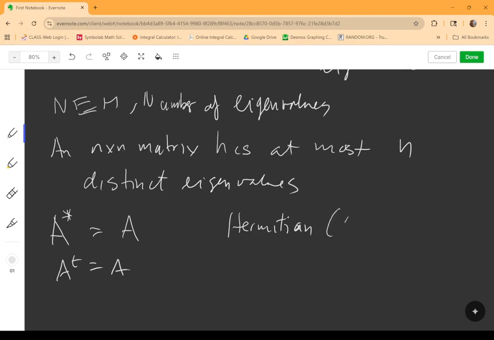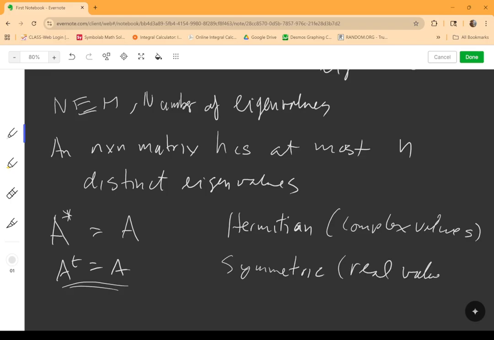For complex values, we take something called the adjoint of a matrix, but these theorems still apply for real matrices. In this case, instead of Hermitian, we just look at symmetric matrices, where the transpose is the same as the matrix A itself.